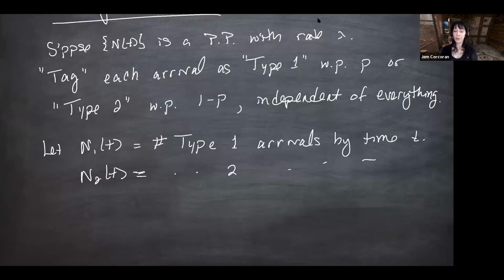And I claim that these are each Poisson processes, and that the p is a proportion. We actually take the right proportion of the individual rates to each process.